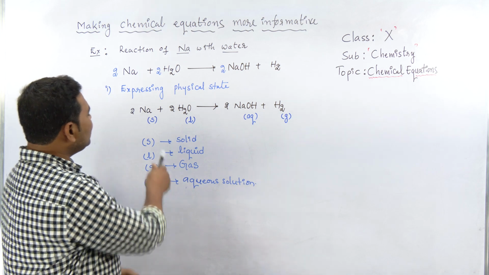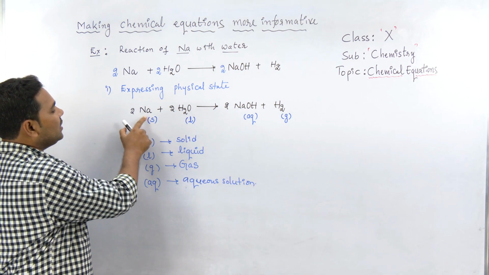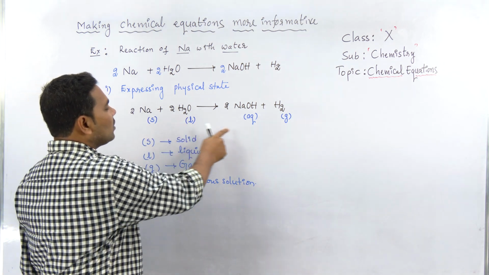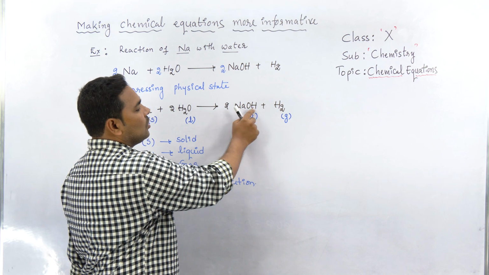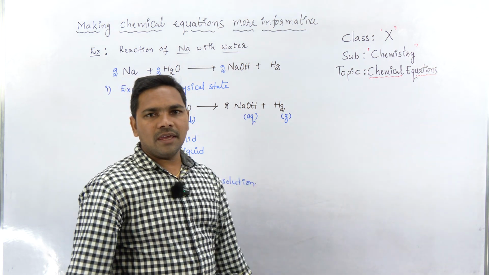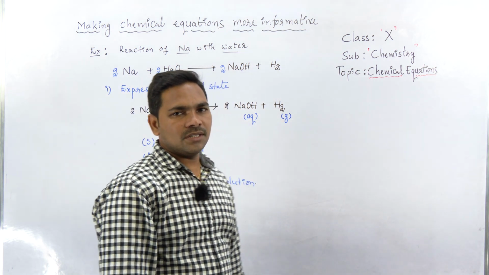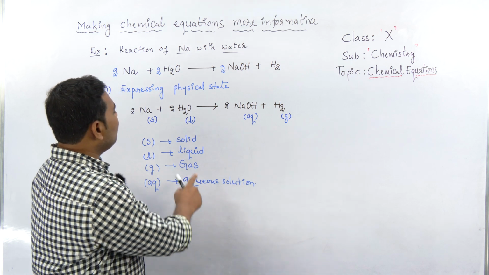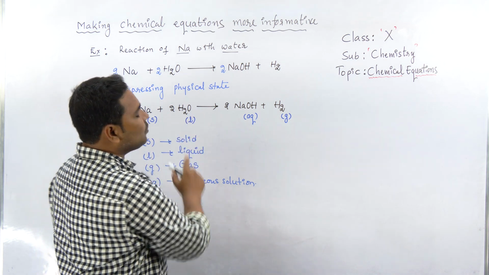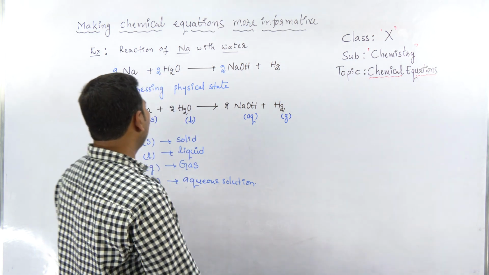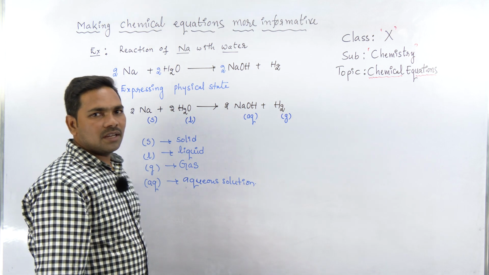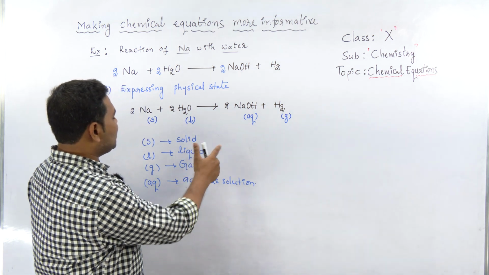Now looking at this equation, we understand solid sodium reacts with liquid water producing a solution of sodium hydroxide, and hydrogen gas is released. This is one way of making this chemical equation more informative, by expressing their physical states.